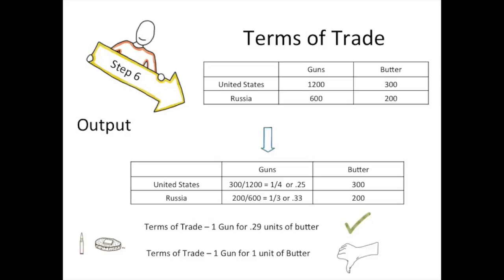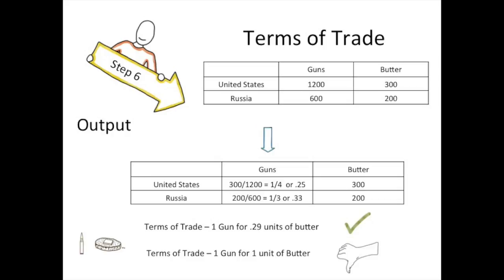For example, one gun for 0.29 units of butter. To see if this trade would work, you must go to the gun column. Always go to the column that has the 1 in the terms of trade. 0.29 falls between both numbers, so both countries would find it acceptable. This benefits America because on their own, they could only make 0.25 units of butter.